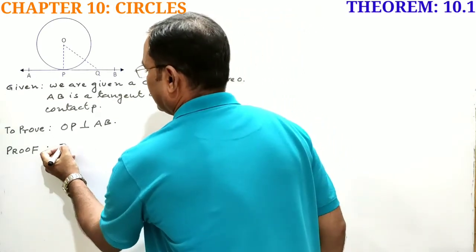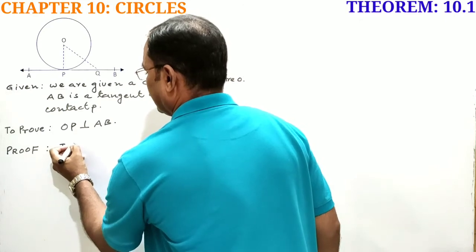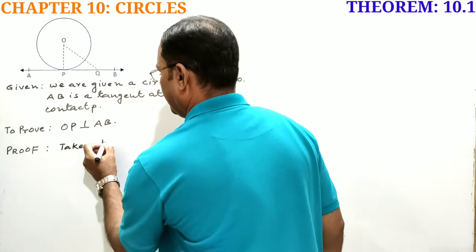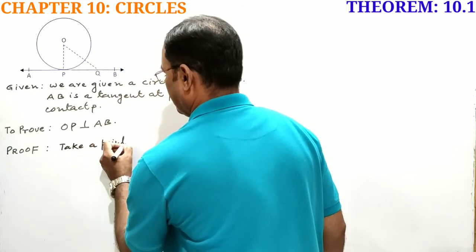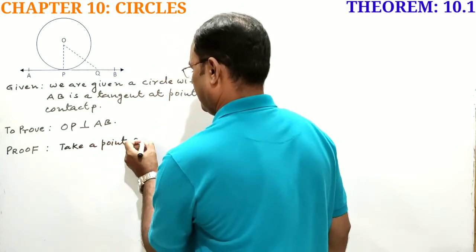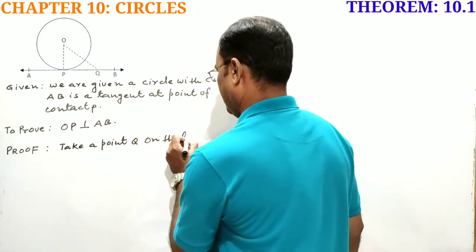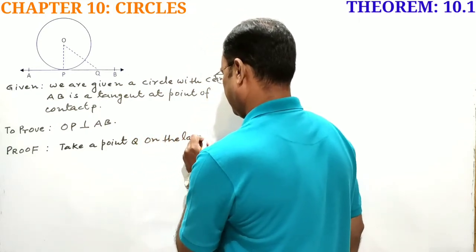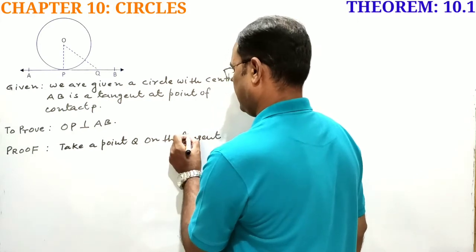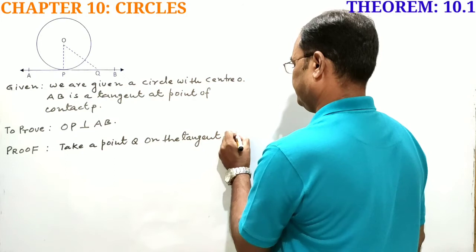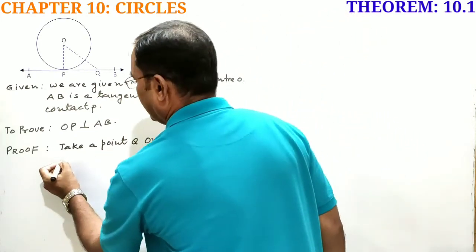So, take a point Q on the tangent AB and join OQ.